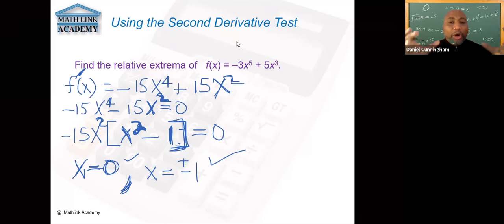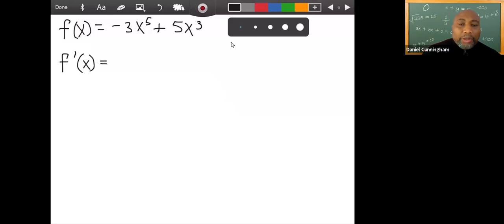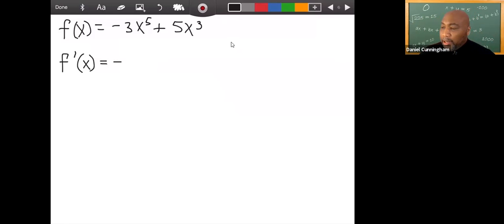We're going to plug those critical values into the second derivative. So again, let's go to a whiteboard, make it a little more clean, and then you can see the work to find these relative extremums using what we talked about earlier. So here's our original problem, and f prime was -15x to the 4th plus 15x squared.